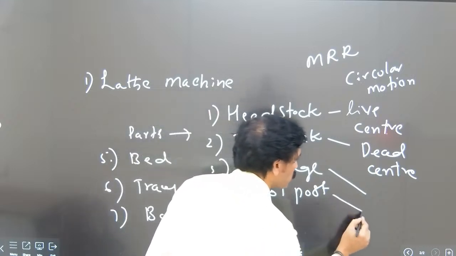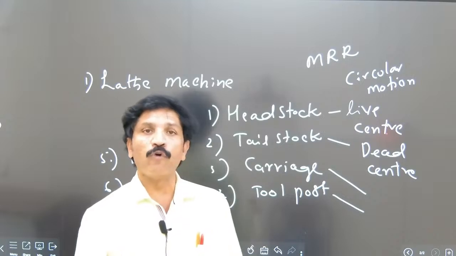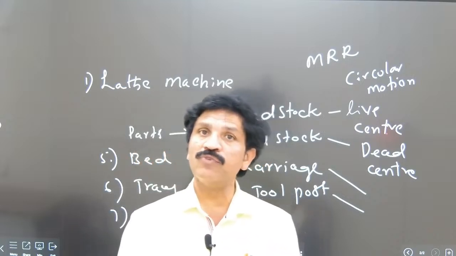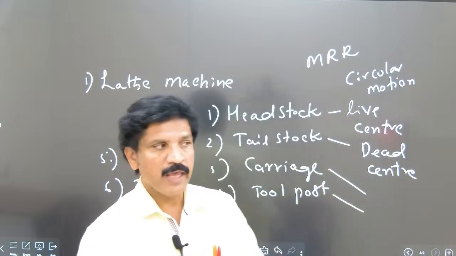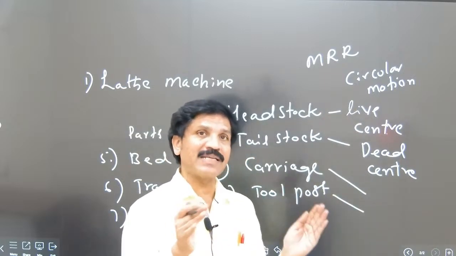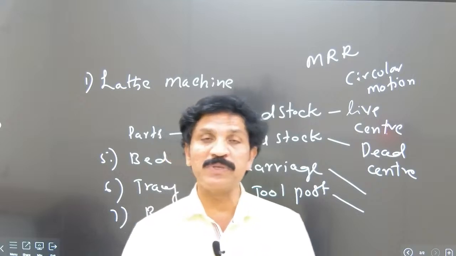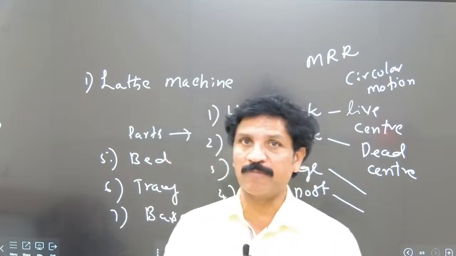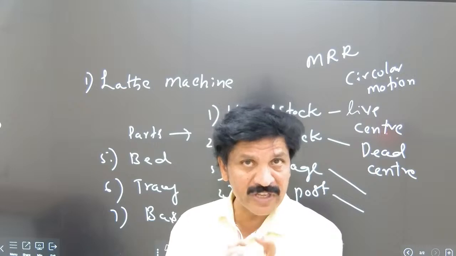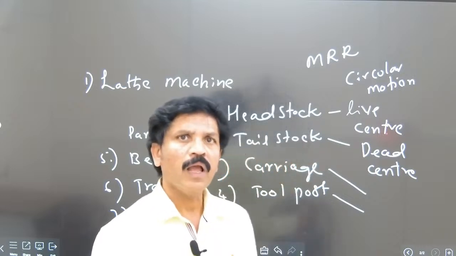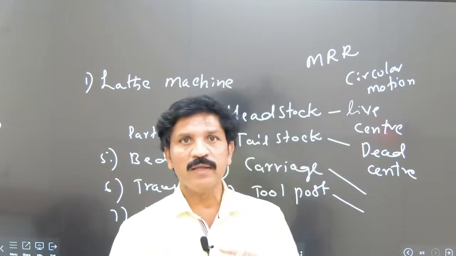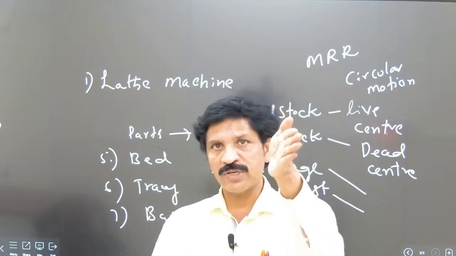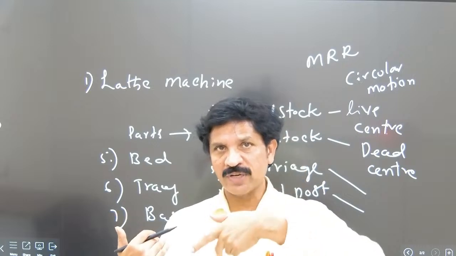Next, tool post. There are 4 tools or 6 tools which are going to be fixed on the tool post. For example, if the tool post is designed with a hexagonal shape, hexagonal means there are 6 faces, so on each face we can fix one of 6 tools. An ordinary lathe machine accommodates 4 tools: X direction, Y direction, Z direction, opposite direction.